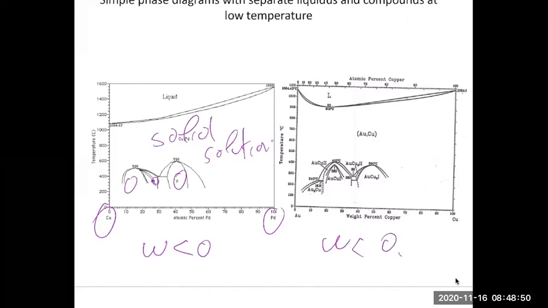We've seen what is characterized by omega positive, which is the miscibility gap. And then when the interactions are different, you have compound formation. And in most real phase diagrams, you will have multiple compounds. I'm just doing one here to make it simple.